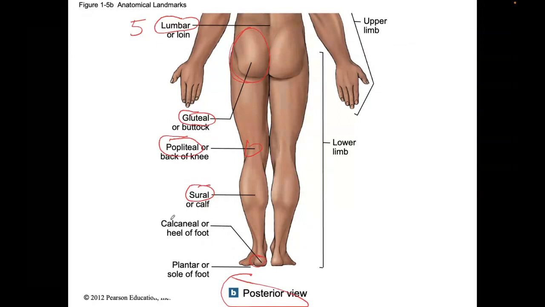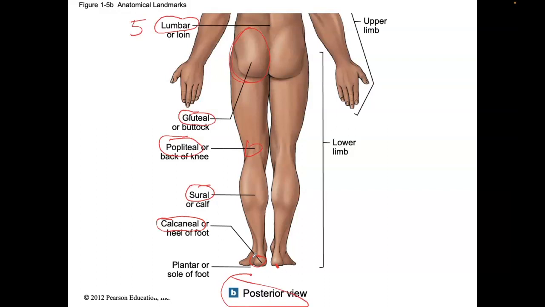The heel is calcaneal. If you've ever heard of a runner who has a calcaneal heel spur, these are runners that get these sharp, bony extensions called spurs, and every time they walk and their heel hits the ground, they have extreme pain, so calcaneal heel spurs are off the calcaneal bone.